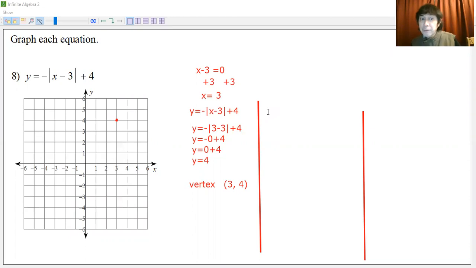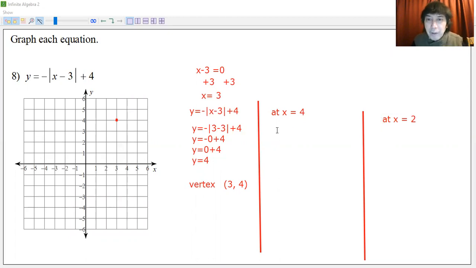To the right of 3, we shall choose just 4, at x equal to 4, and the other one will be say 2, to the left of 3. So at x equal to 2 there.